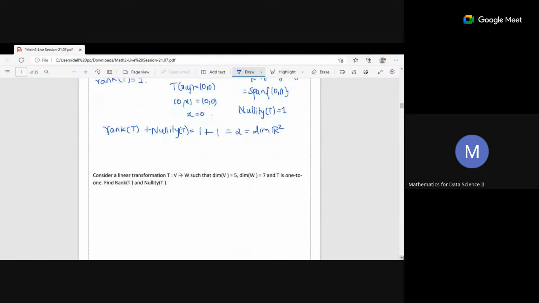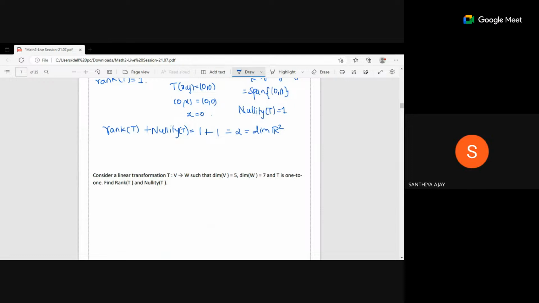So consider a linear transformation T from V to W such that dimension of V is 5, dimension of W is 7, and you are given that T is 1 to 1. So how do you find rank and nullity? Any idea how to find rank and nullity?